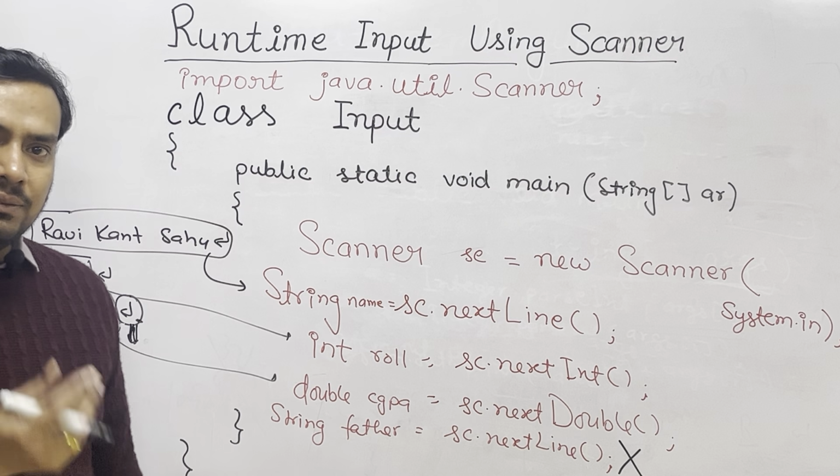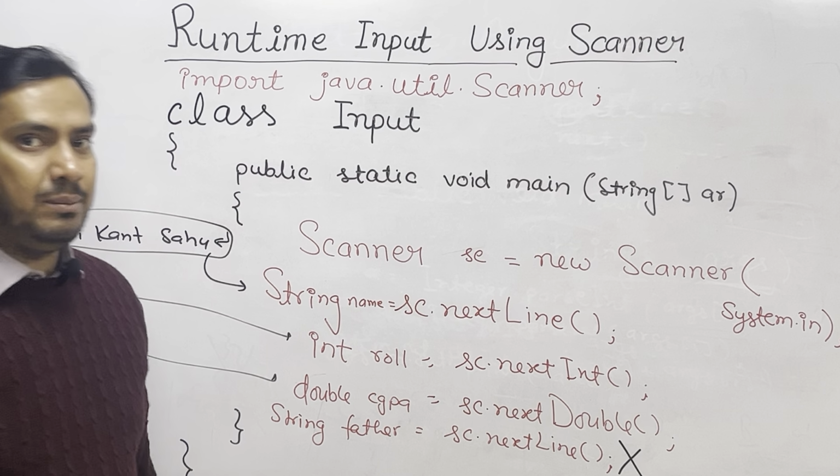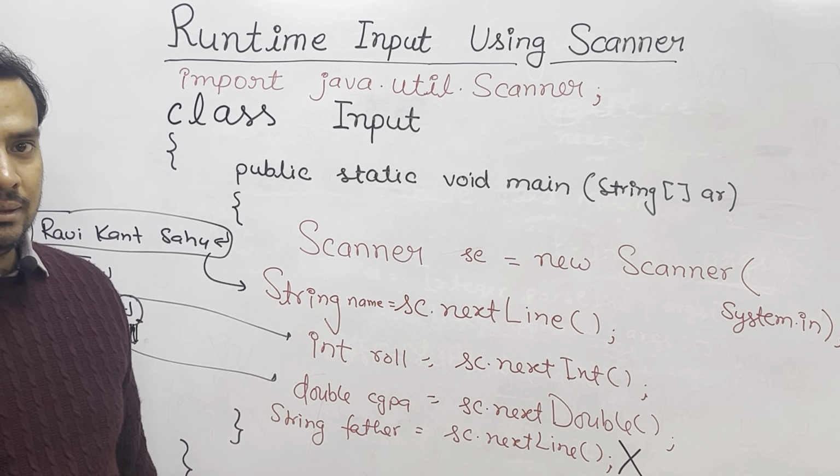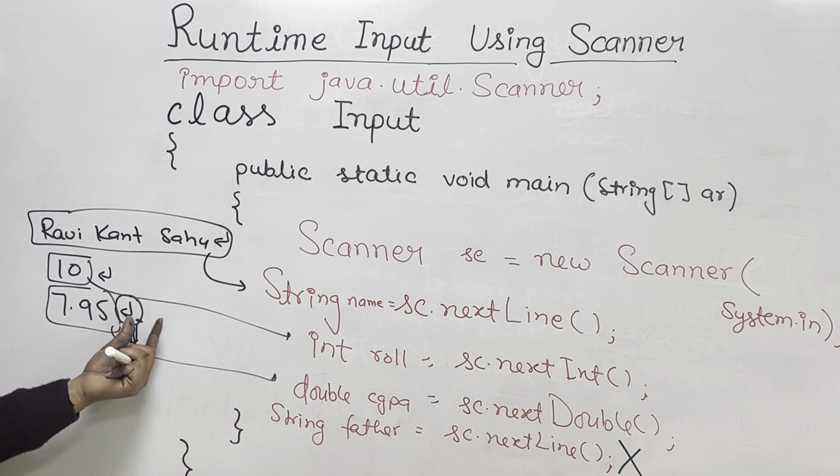So, whenever you are using the nextLine method after any other method, whether it be nextByte, nextShort, nextInt, nextFloat, nextDouble, nextLong, any method, that method will read the value, but the \n is still residing in the buffer.